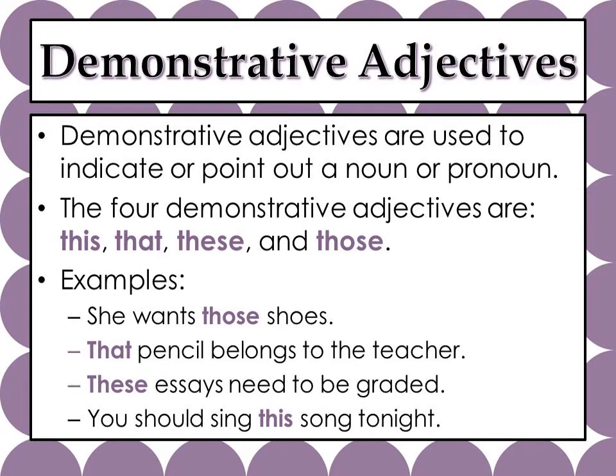That pencil belongs to the teacher. These essays need to be graded. You should sing this song tonight. So we are pointing out the noun or the pronoun in these sentences with the help of words like those, that, these and this. And these are the demonstrative adjectives.